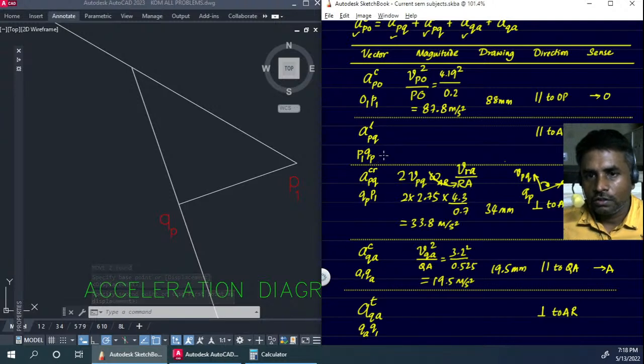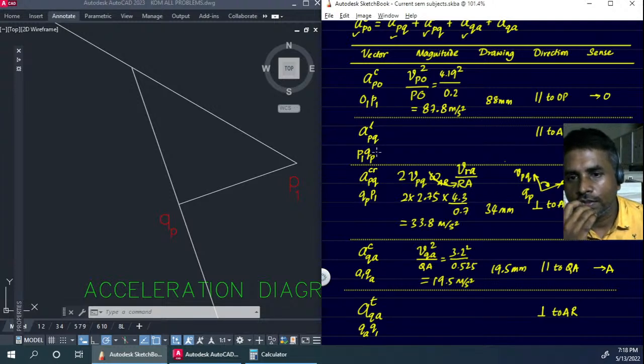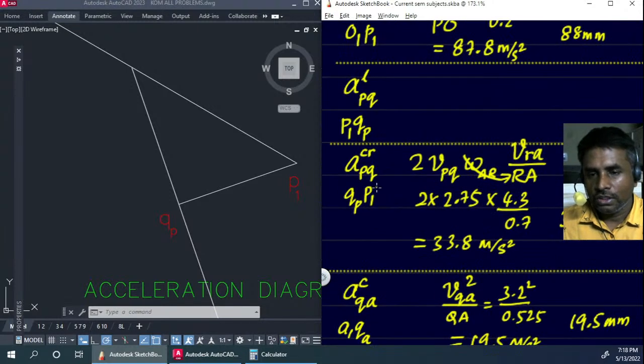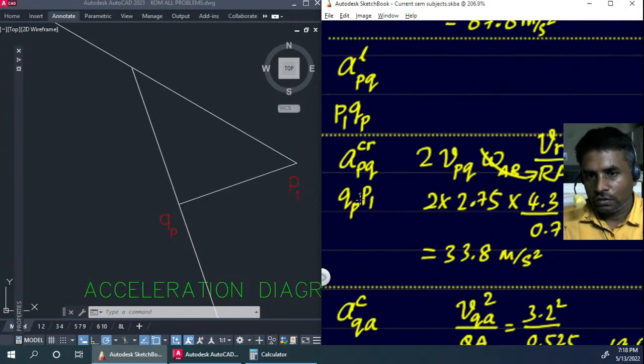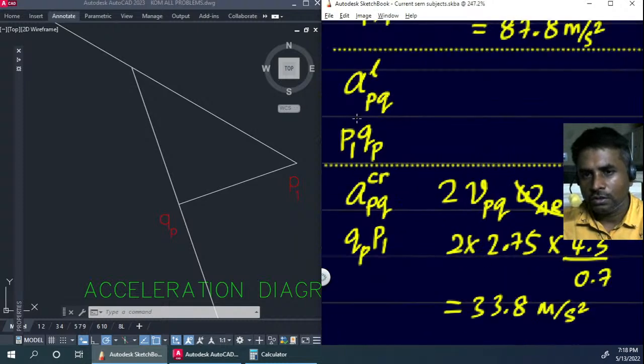Okay, it's got to be coming back to P1. Let's come back to P1. I guess I made a mistake here. The mistake is that this point here is not going to lead to P1. I guess it's going to lead to P1, but this point here is, okay, this is going to be Q1.